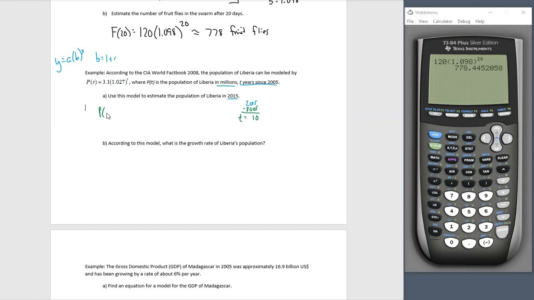So in 2015, P of 10 is equal to 3.1 times 1.027 to the 10th power. So I'll use my calculator and let my calculator do all the work.